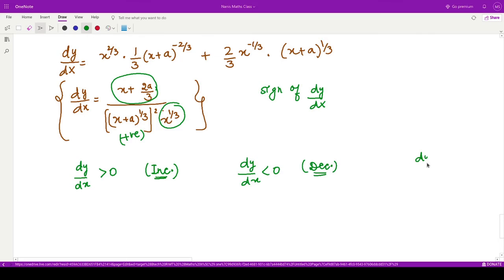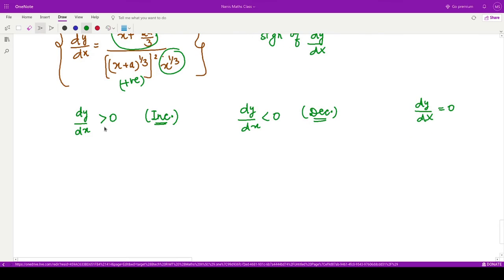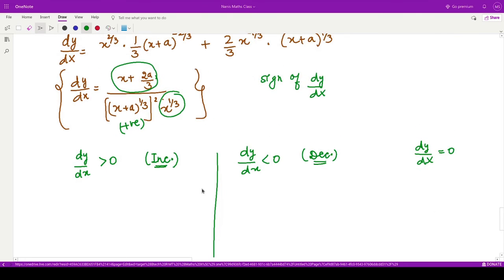And whenever dy upon dx is equal to 0, there we do not have any increasing or decreasing function, and there the slope of the function is 0 and the function is treated as constant over there.